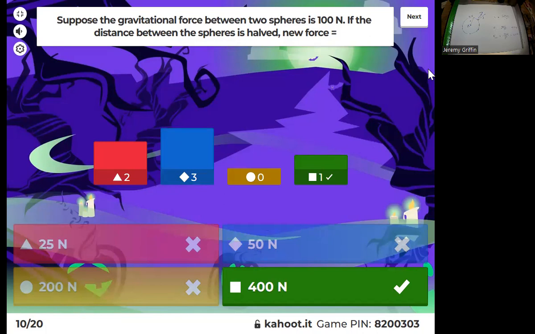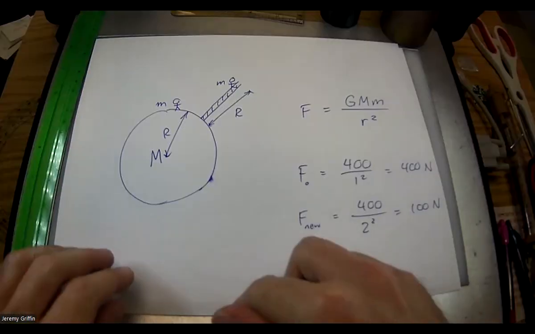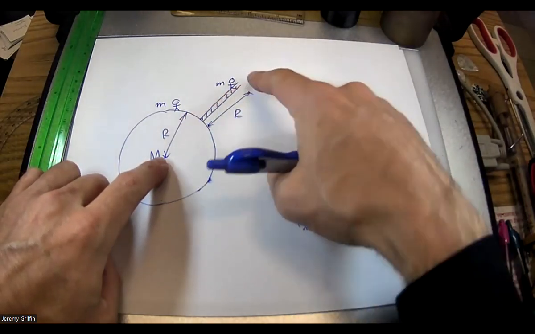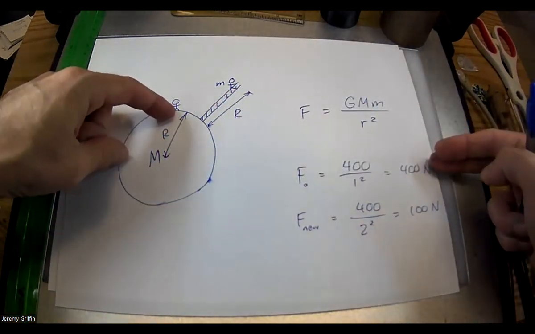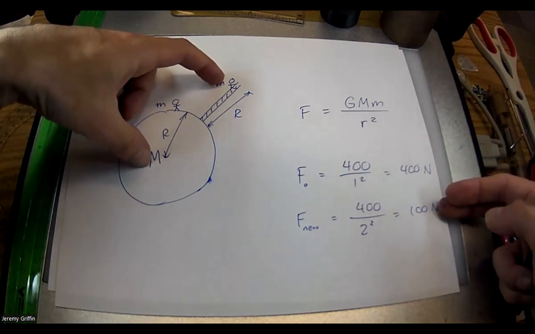Okay. This question, if you're paying real close attention, is actually the exact reverse of the previous question. Let me point that out to you guys. I'm going to flip the screen over. So the question before was if you're on the surface and you double your distance. Remember how you went from 400 newtons at the surface to only weighing 100 newtons way up here? You get a quarter of the force for double the distance.